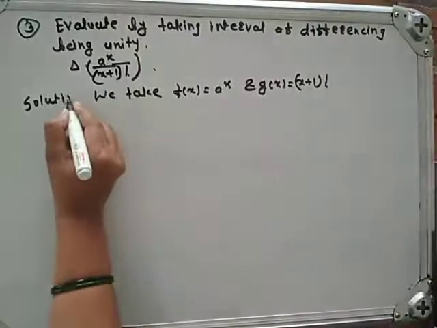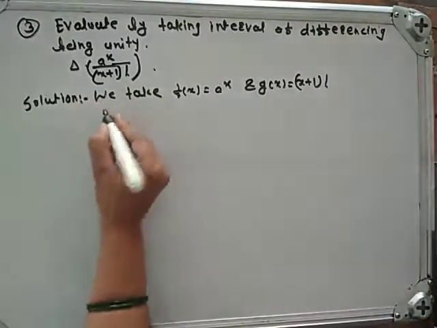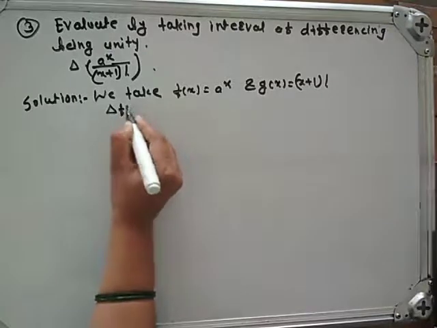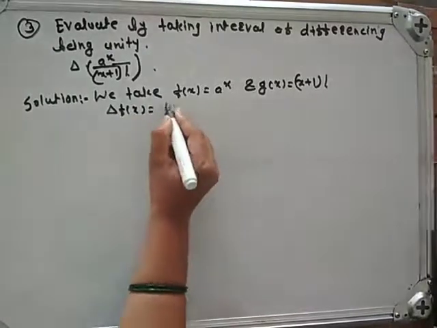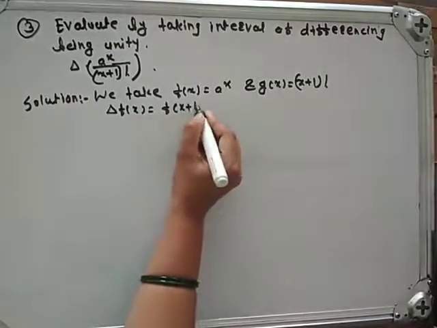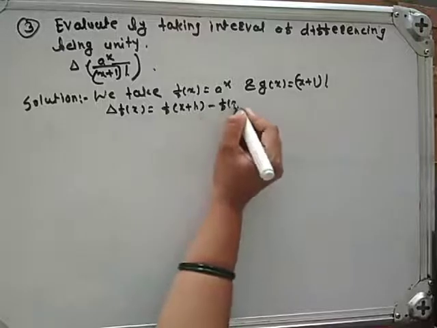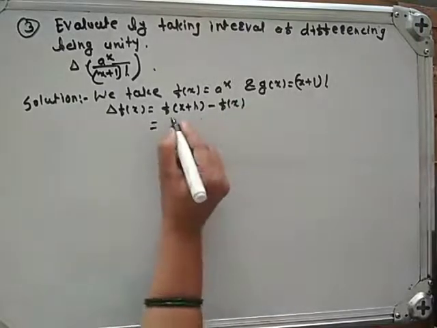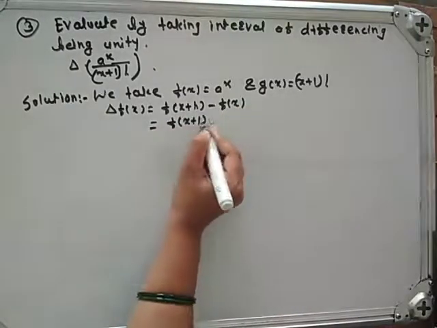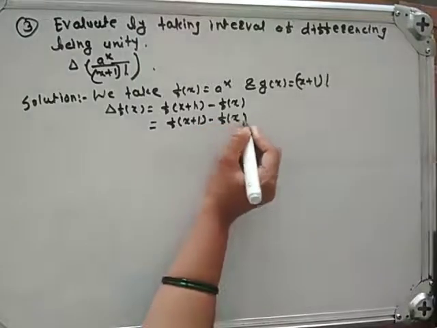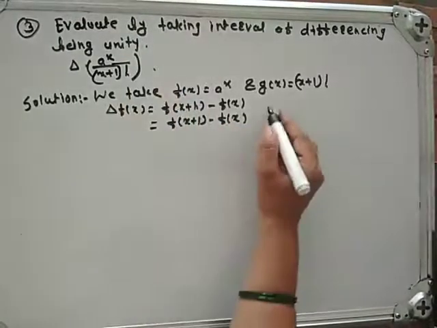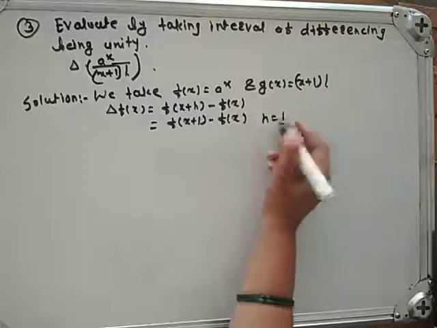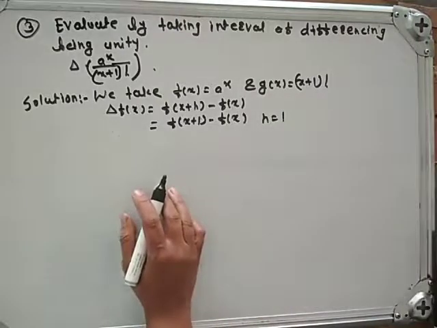Here is solution. We have delta f of x is equal to f of x plus h minus f of x, but this is nothing but f of x plus 1 minus f of x, because in the problem we have been given that h is equal to 1. Okay.